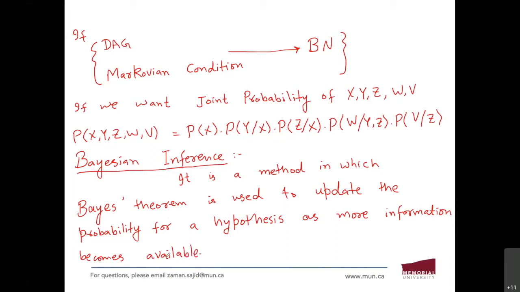Now, this more information in Bayesian analysis is what we call as the evidence.